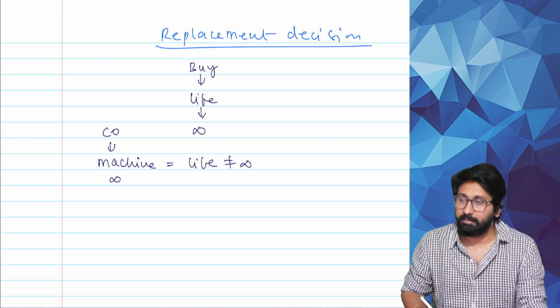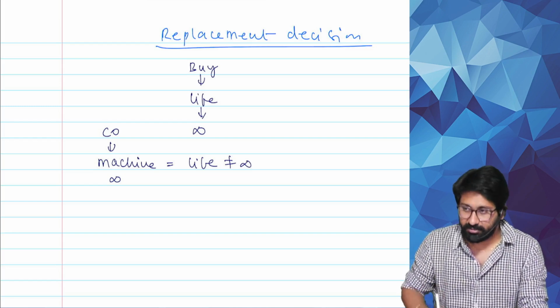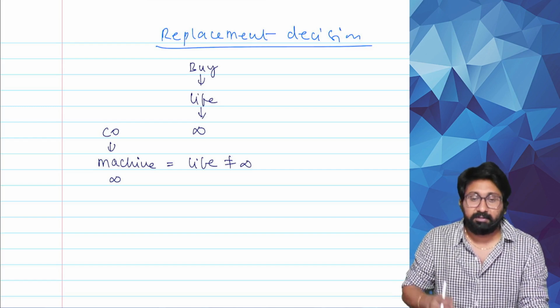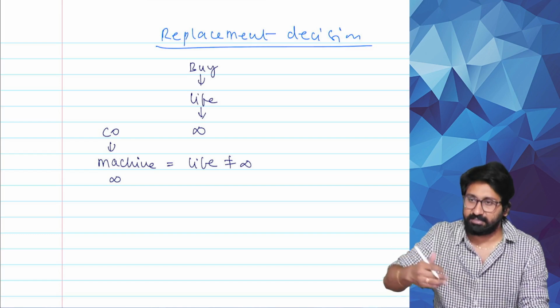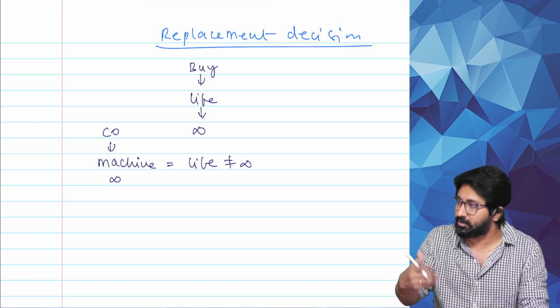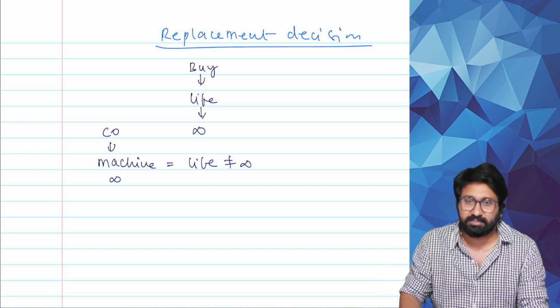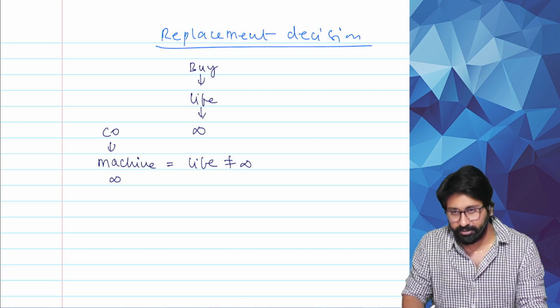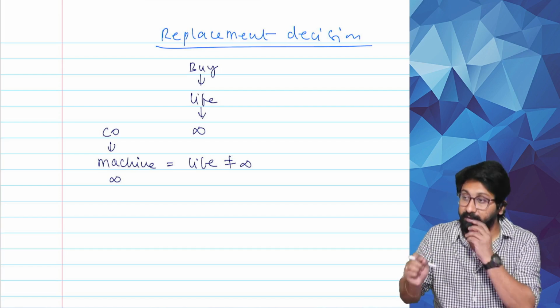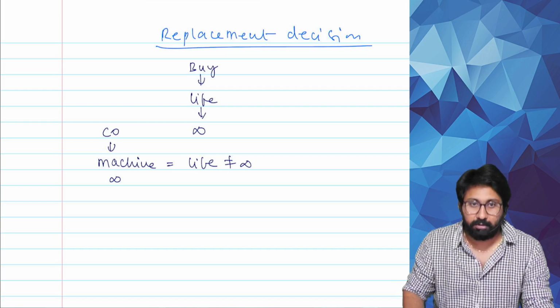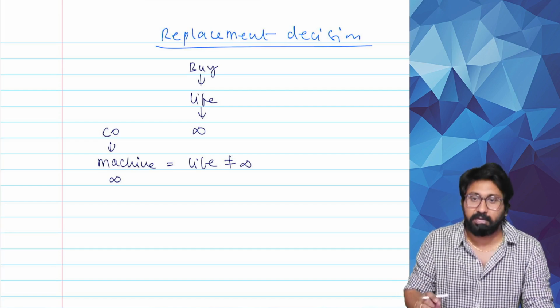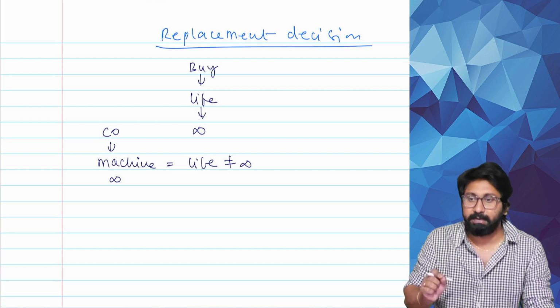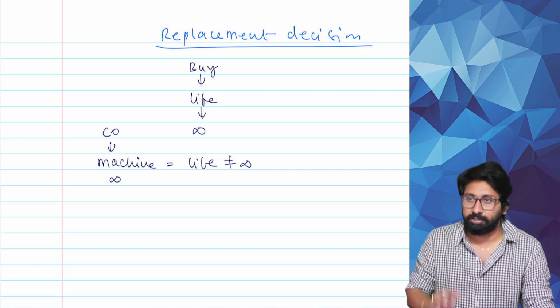There will be a limit for the life of the machine. Therefore, every 2 years or 3 years or 3.5 years or 2 years 5 months, we need to replace our old machine with a new machine. What is the right time for replacing the old machine with the new machine is called the concept of replacement decision.